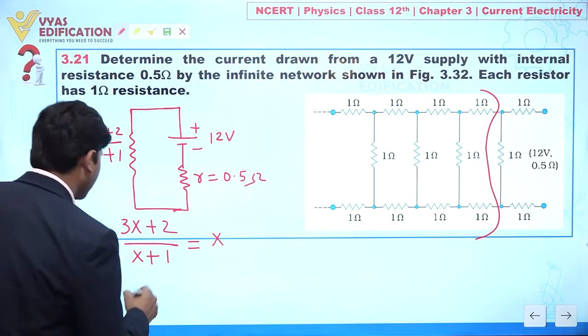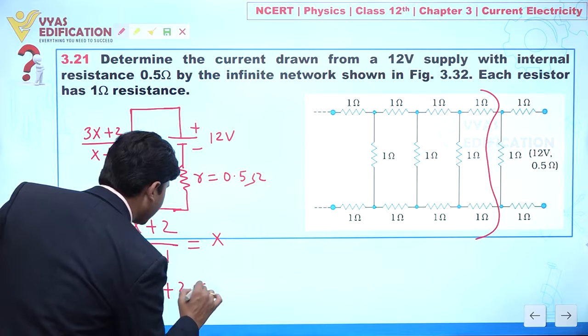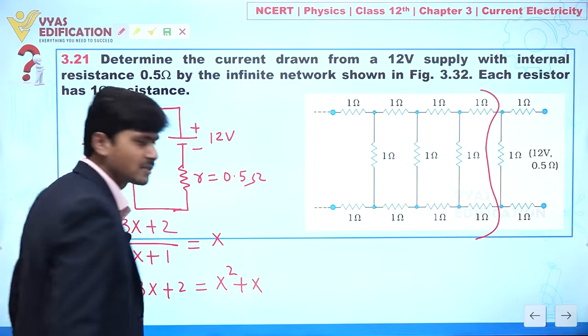Now if you cross multiply, we get X square plus X on one side.